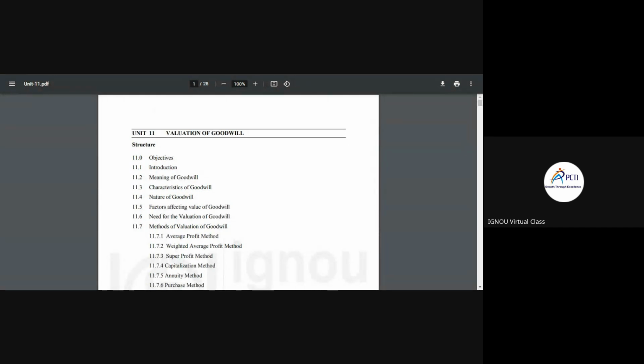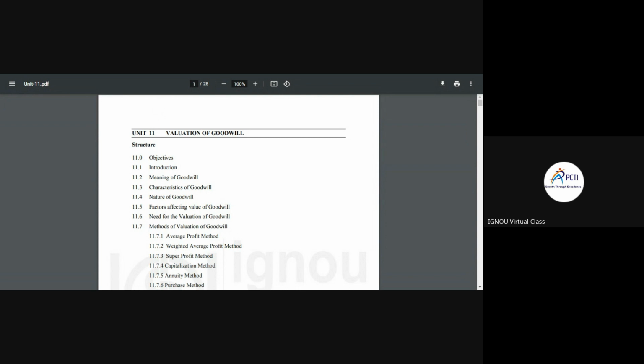So now our next unit is valuation of goodwill. We already discussed the holding company and subsidiary company, and in those cases we calculate the minority interest, capital reserve, and goodwill also.